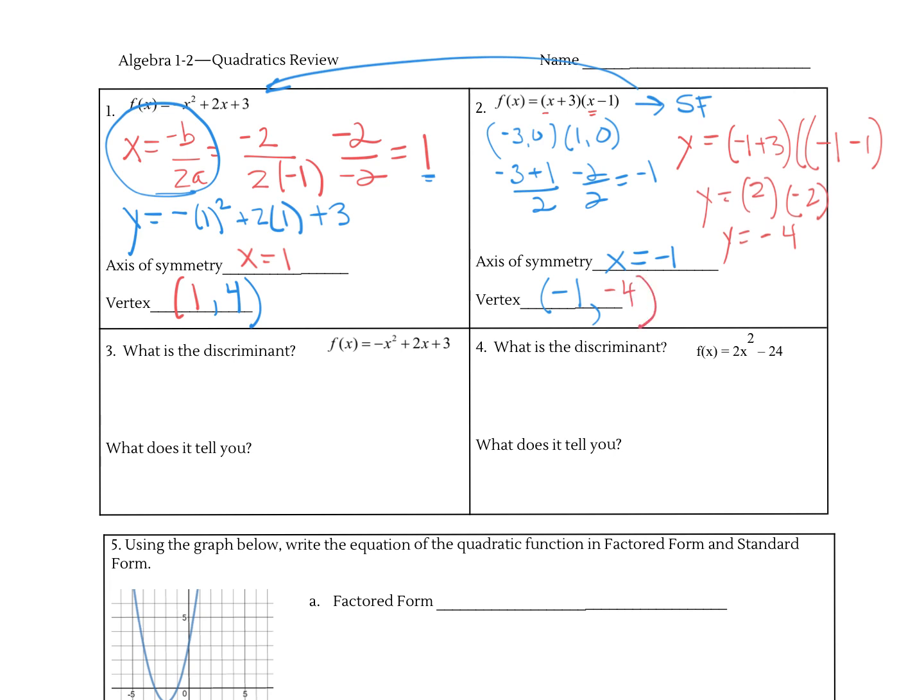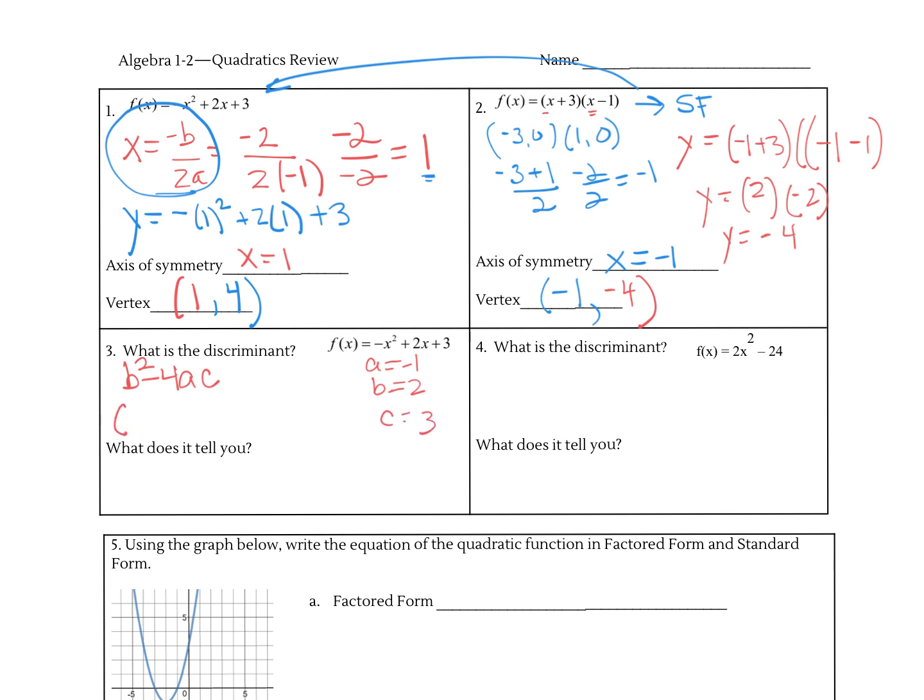The discriminant, remember, is b squared minus 4ac. And so if we look at this, our a is -1, our b is 2, our c is 3.